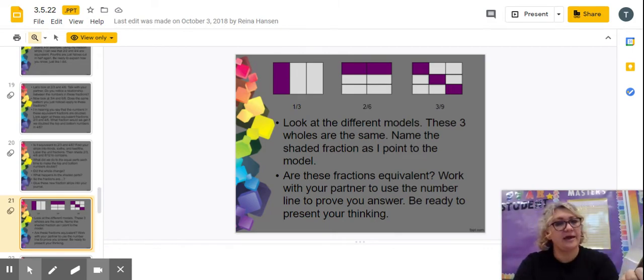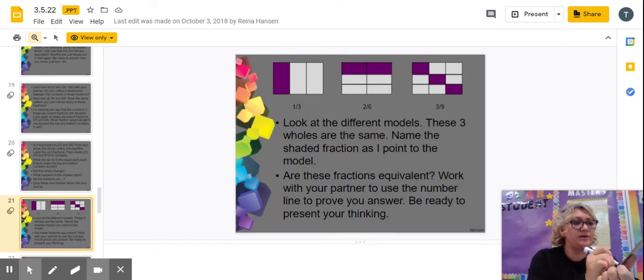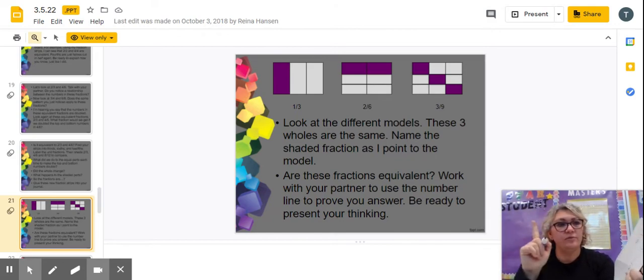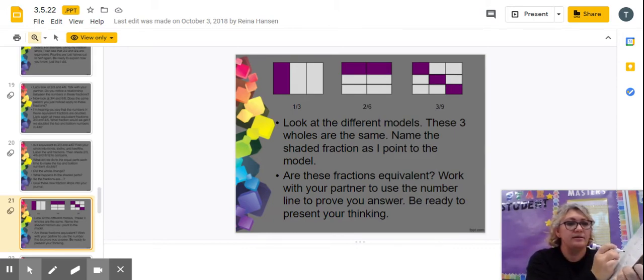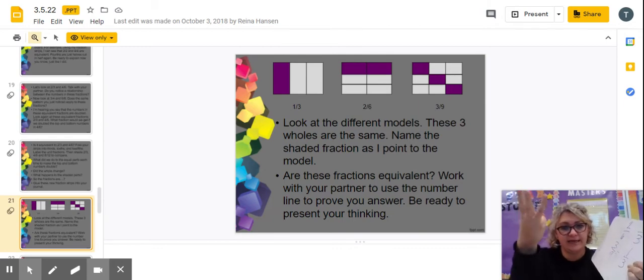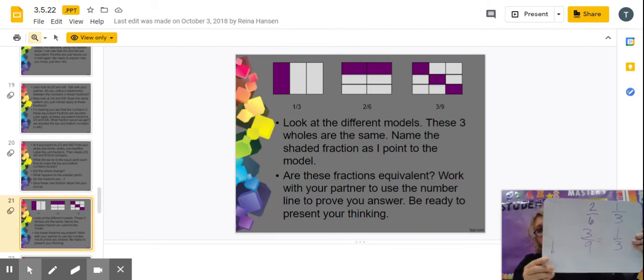Yes. Okay. How about 3/9 and 1/3? Well, 3 can go into 3 1 time. And 3 can go into 9 3 times because 3, 6, 9. So is 3/9 equal to 1/3?